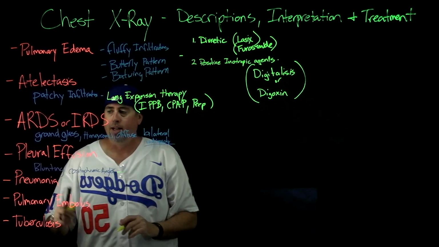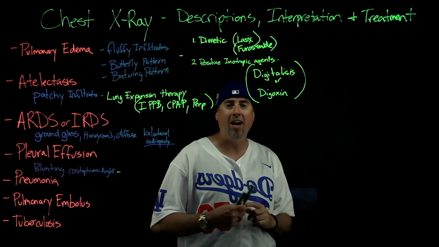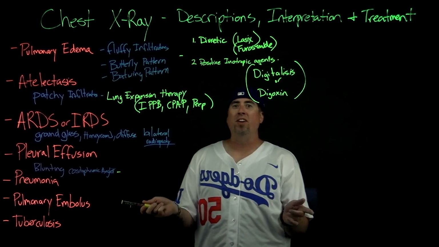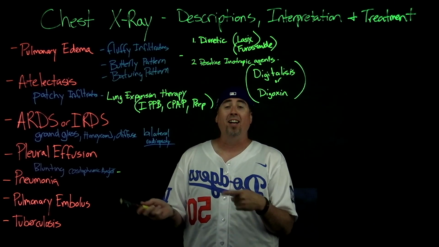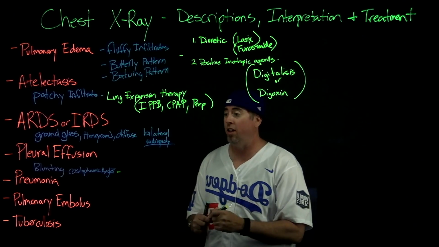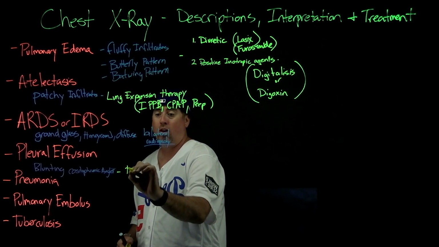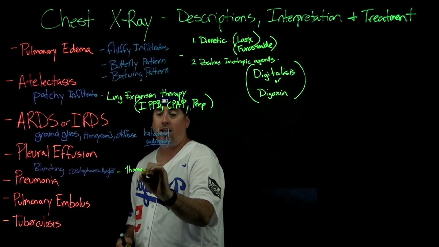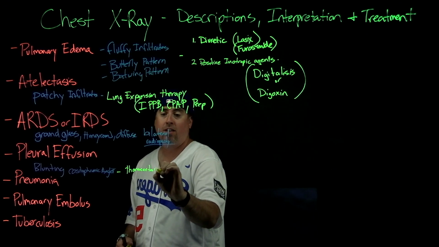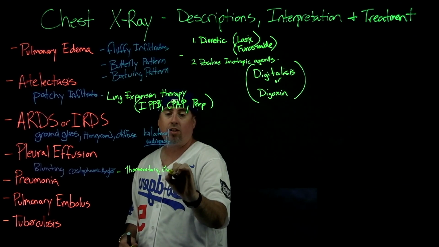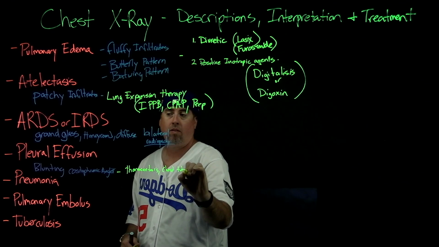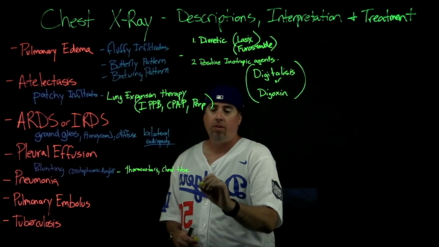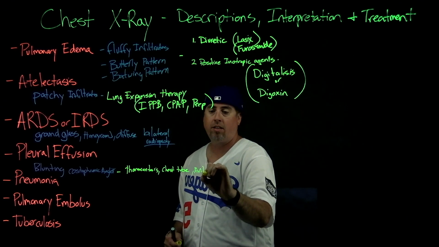All right? Pleural effusion. And we talked about what our treatment is. We have another video out there for that. And our treatment for this is going to be one of the, what? Thoracentesis. All right, chest tube. Okay, antibiotics.